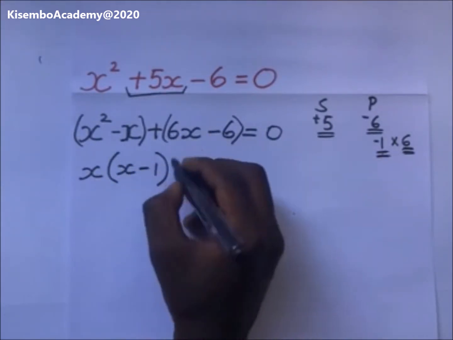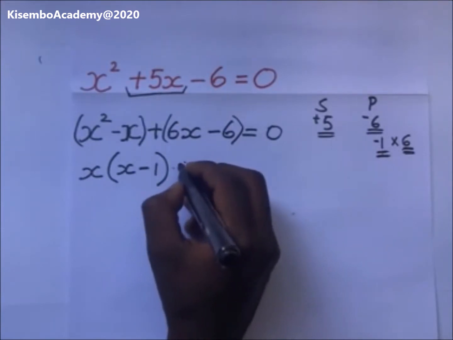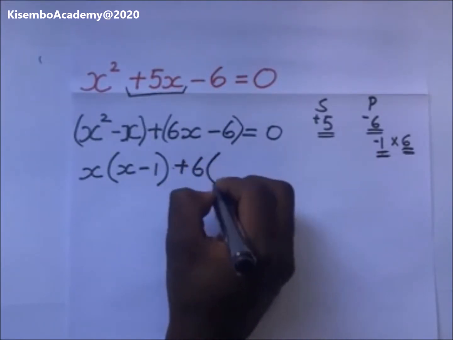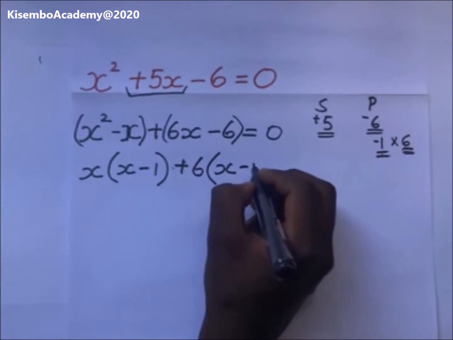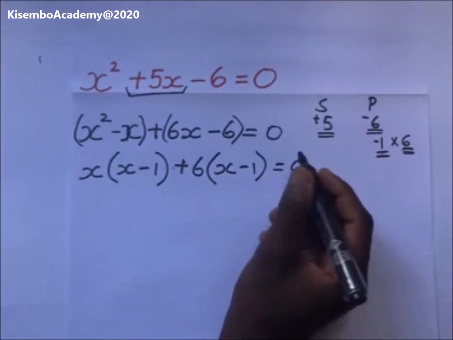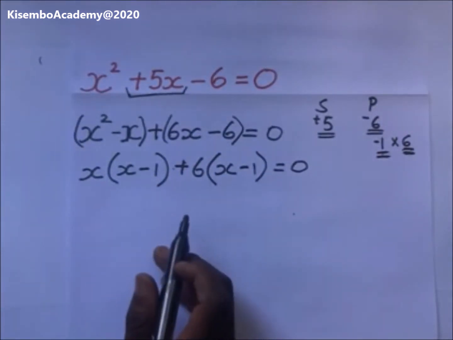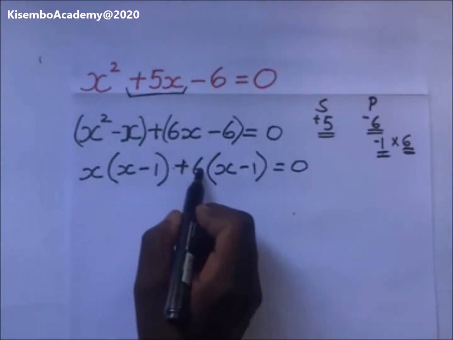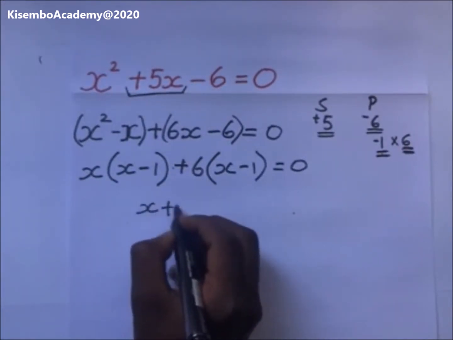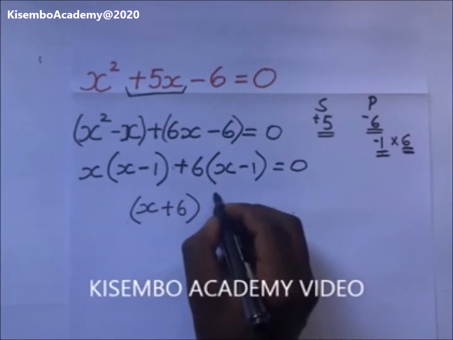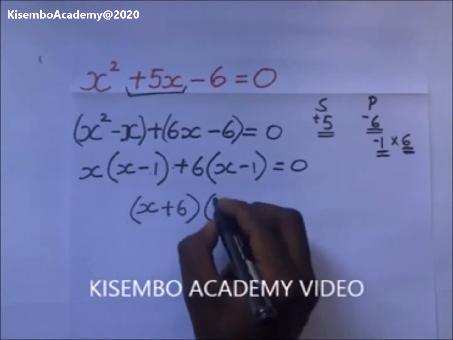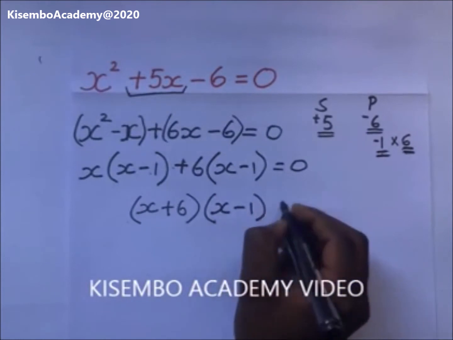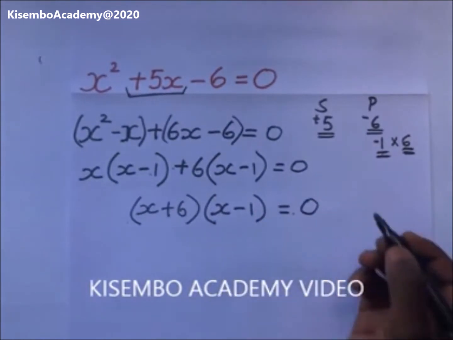The common factor in the second pair is positive 6, so it is plus 6 into still x minus 1 is equal to 0. The terms outside the brackets remain on their own, so it is x plus 6 in its own bracket, into x minus 1, is equal to 0.